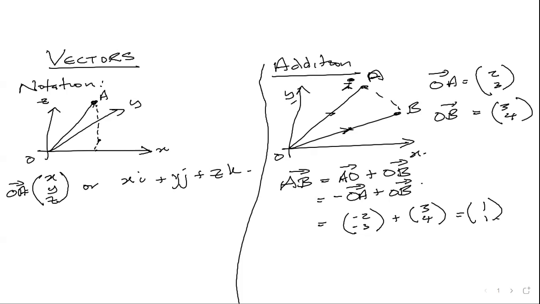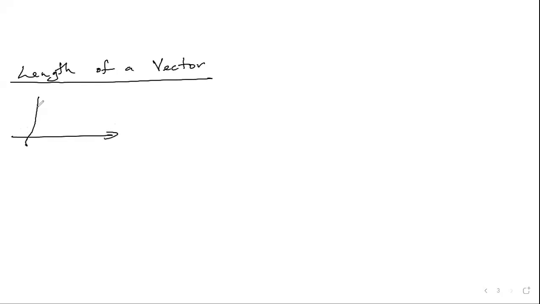All right. So the next thing that we want to talk about is the length of a vector. The length of a vector is found using Pythagoras theorem. So in 2 dimensions, you want the length of the vector.